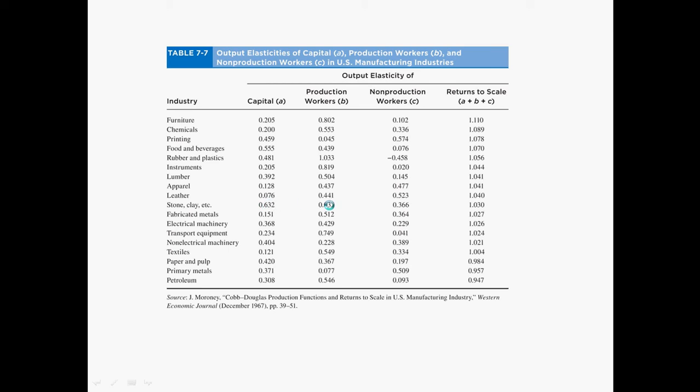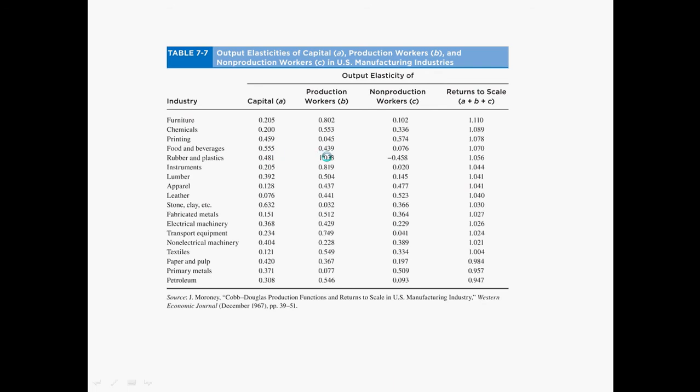Here it looks almost like it doesn't even matter that much. You increase your production workers a little bit, it doesn't really make that much difference. I don't know if I exactly believe that, but it's non-production workers in this case that seem to be more important. Usually non-production workers seem to be the least, but it varies a lot across industries.